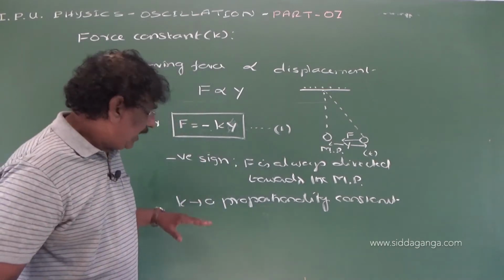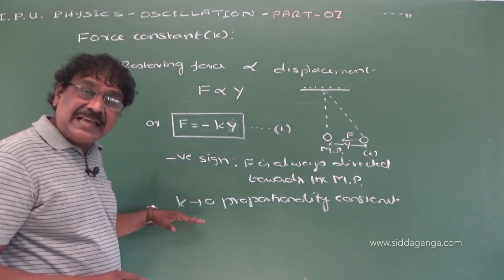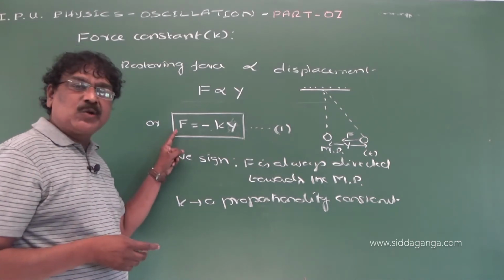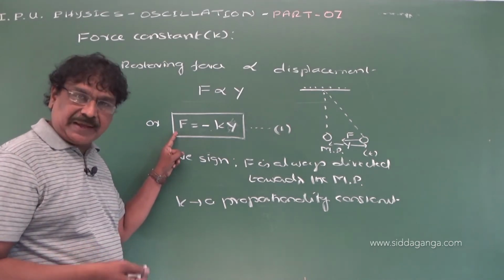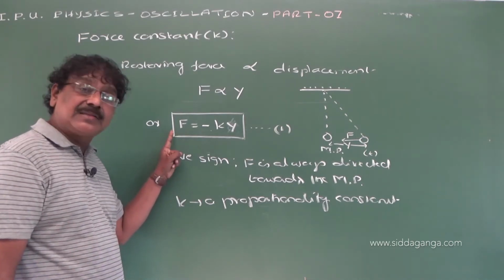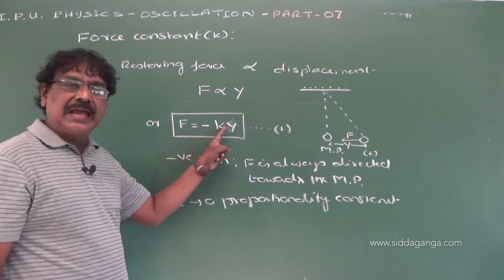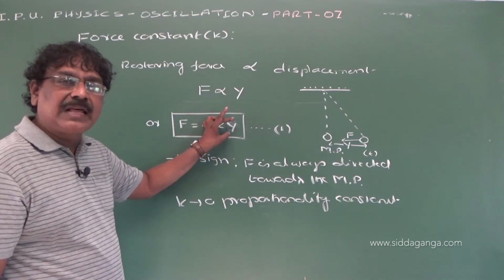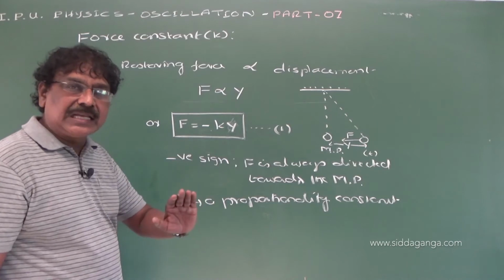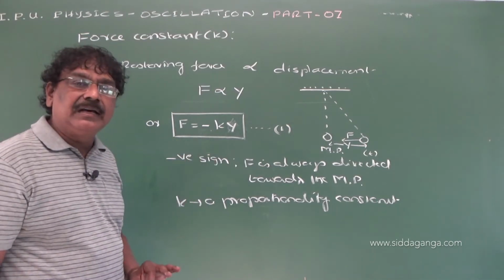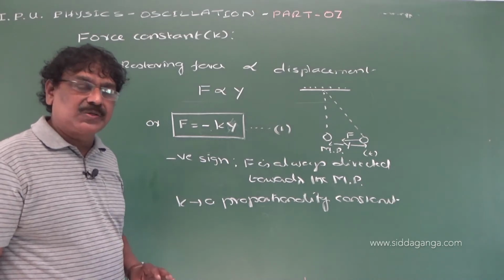Even the restoring force developed in a spring when it is stretched by an external force is F is equal to K into Y, where Y is the length through which the spring gets expanded, and K is called the force constant or spring constant.